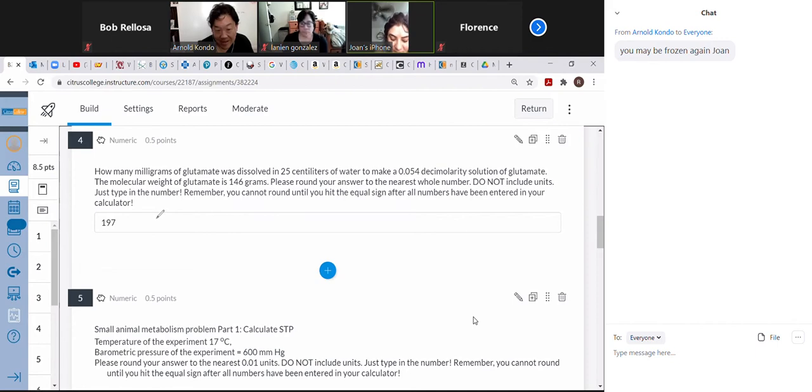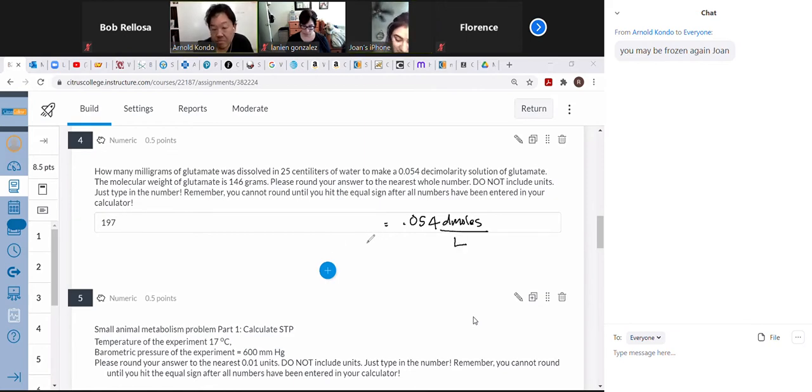Okay. How many milligrams of glutamate was dissolved in 0.054 decimolarity, DCM, at the end. Yep, so equal. And then glutamate, the molecular weight of.